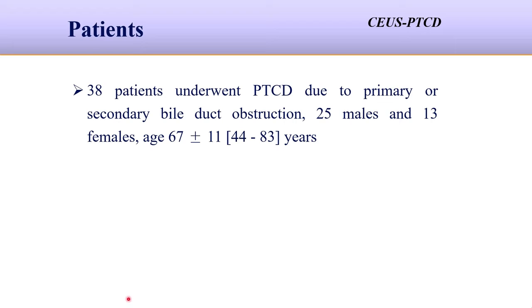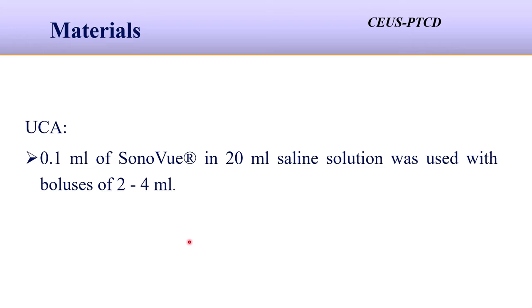In this study, we enrolled 38 patients who underwent PTCD due to primary or secondary bile duct obstruction. We used the same method to make the contrast agents as we introduced in the abscess drainage.